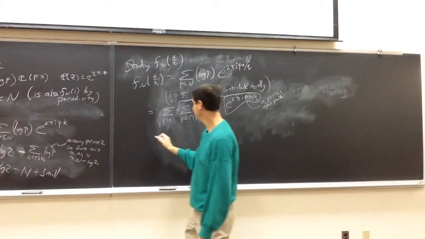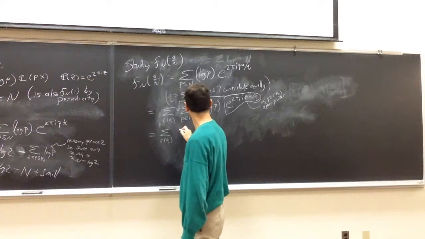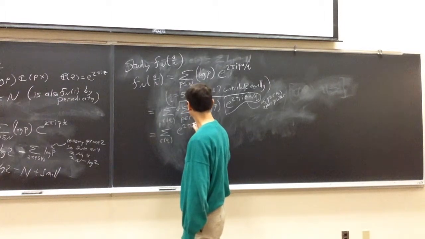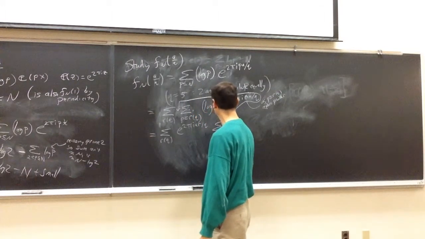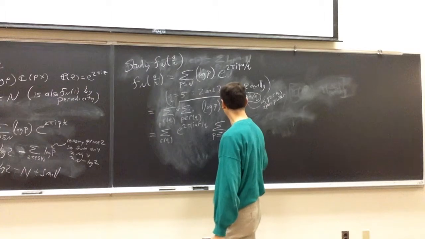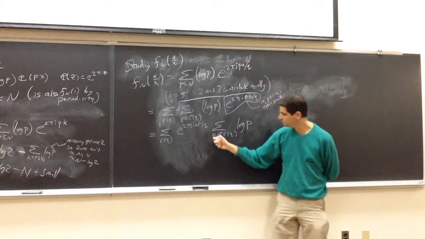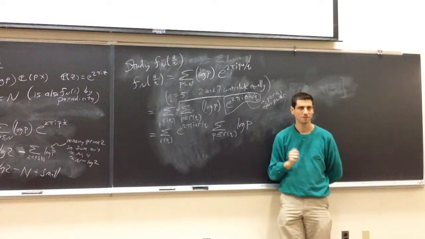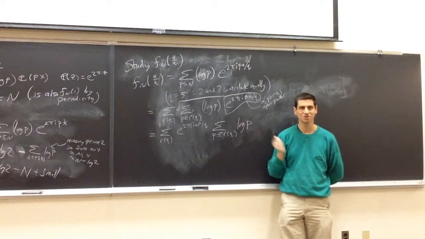So this is now going to be the sum over all R modulo Q, e to the 2 pi i a R divided by Q, times the sum over P congruent to R modulo Q of log P. Does this look familiar? What is this equal to?